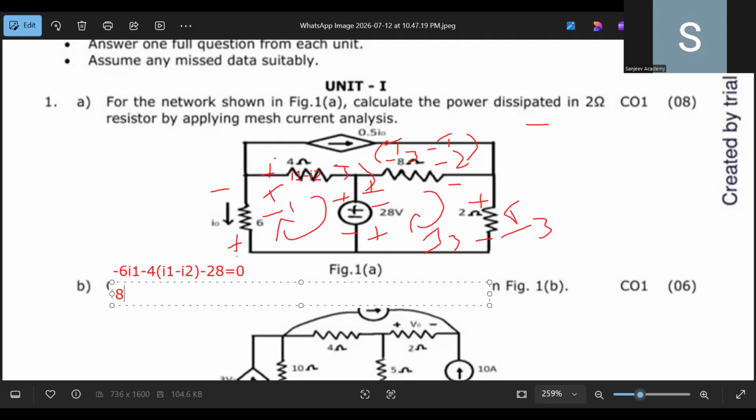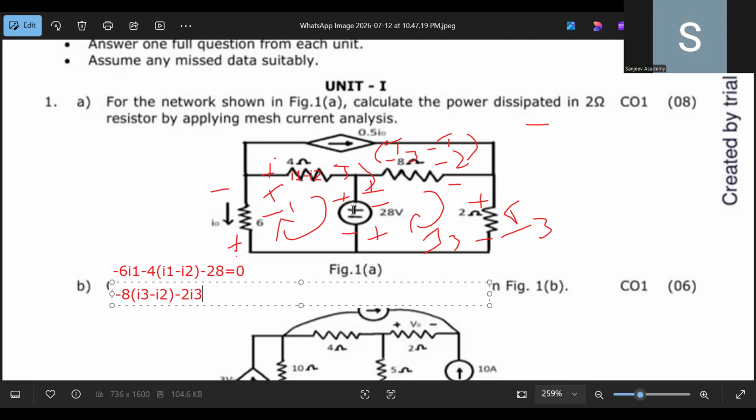So 8 into, again I'm applying, and here plus to minus. So minus 8 into I3 minus I2. Next again, plus to minus 2I3. Minus 2I3. Then again, plus to minus.